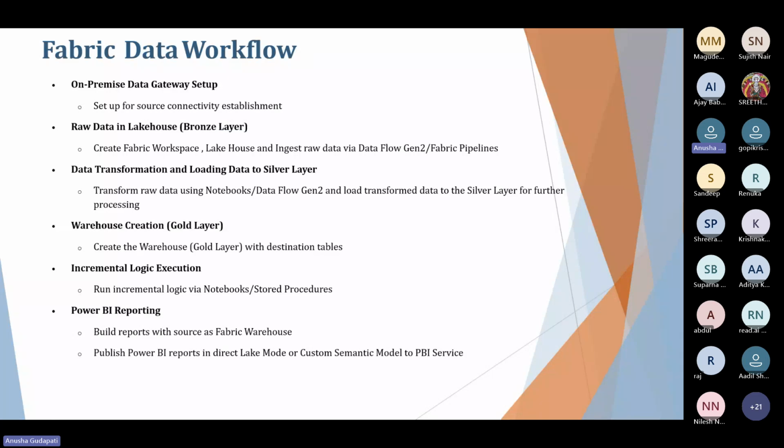Instead of using the gateway to refresh the reports, you're using it to get the data into Fabric. That is how the role of the on-premises data gateway has changed in this scenario. So first is your gateway setup, then the bronze layer, then the silver layer, and finally the gold layer. Then you run the incremental logic with your notebooks and stored procedures, get the pipeline scheduled, and fourth is your Power BI reporting. This could be your Fabric warehouse, or you can also create semantic models with this.